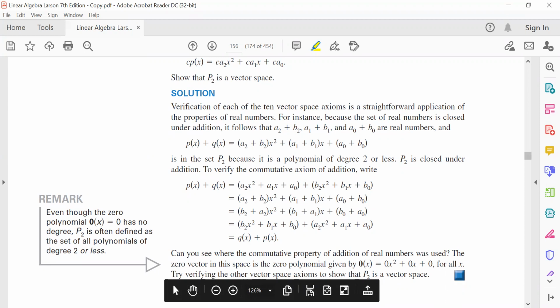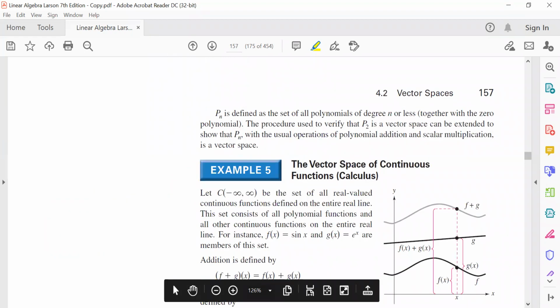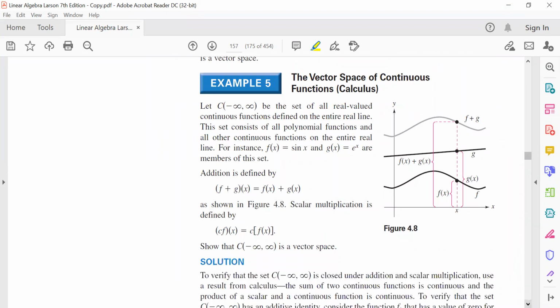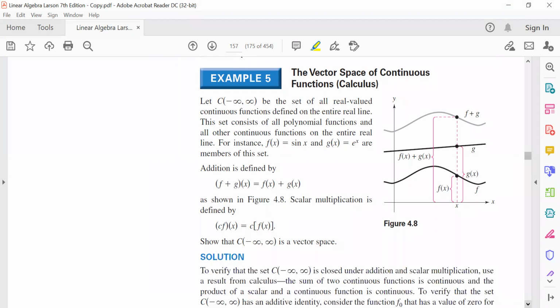Let's go to another example. Now, again, we're looking at the set of all continuous functions. This is something that we know from calculus. We have the concept of a continuous function.